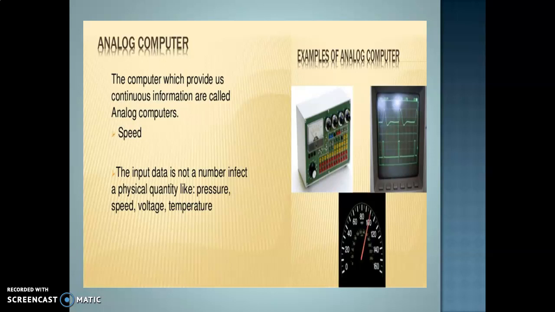As you can see in the speedometer of your scooty, your car, the mercury thermometer, an old radio where we have to set the frequency and all. It gives the example of analog computer.